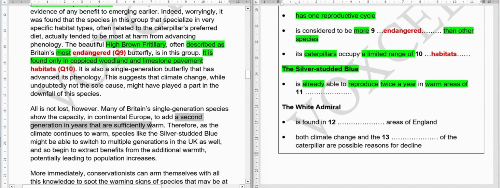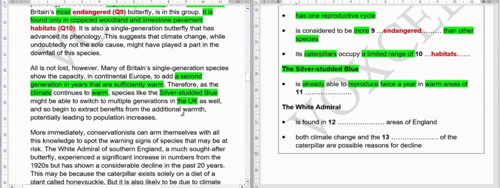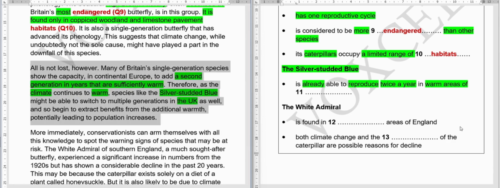Therefore, as the climate continues to warm, species like silver studded blue might be able to switch to multiple generations in the UK, and so begin to extract benefits from the additional warmth, potentially leading to population increases. So our location is in this paragraph.